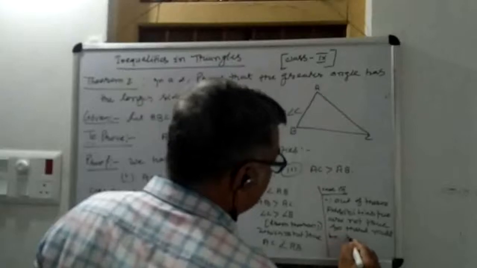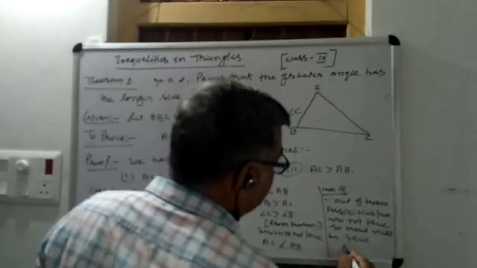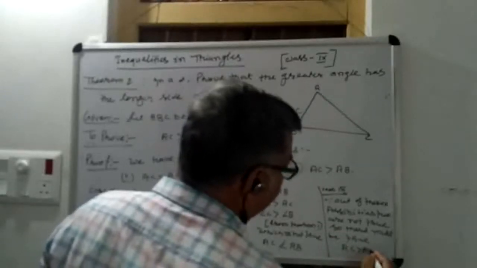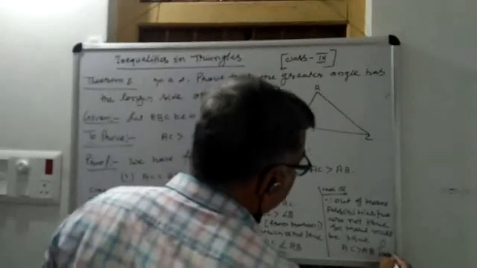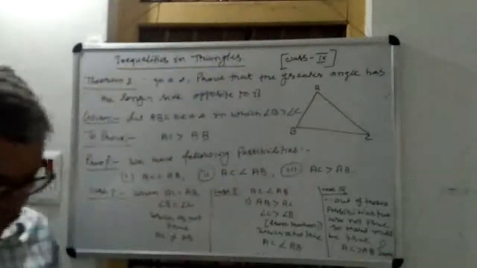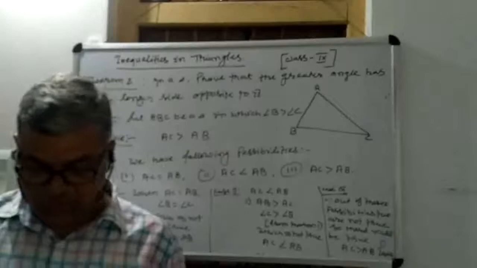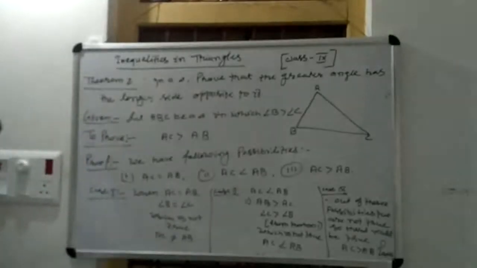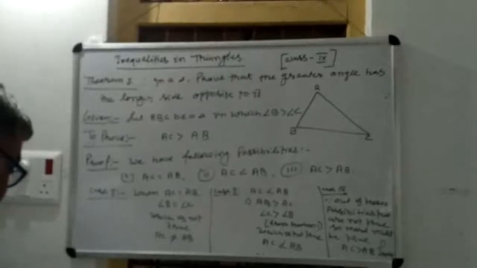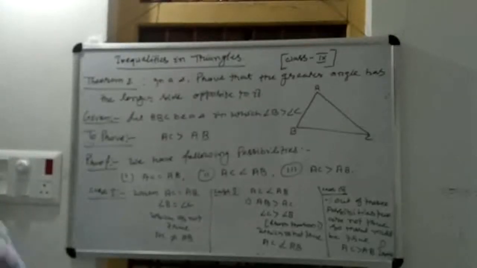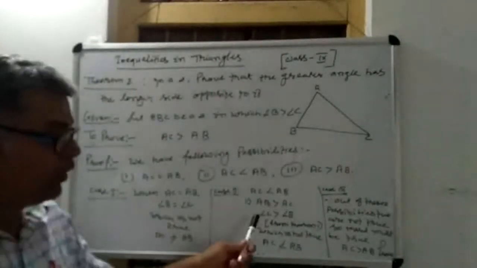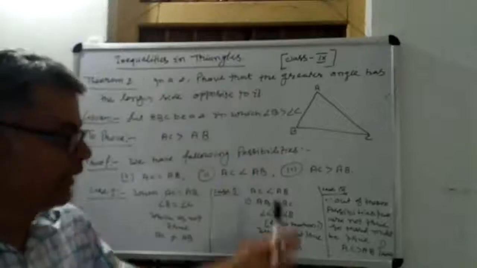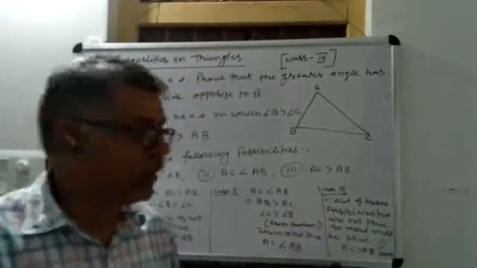That is AC must be greater than AB. Hence proved. This is called the contradiction method. So from this contradiction method, we proved this identity that out of these three conditions, two conditions are not true. So it is obvious that the third one must be true.